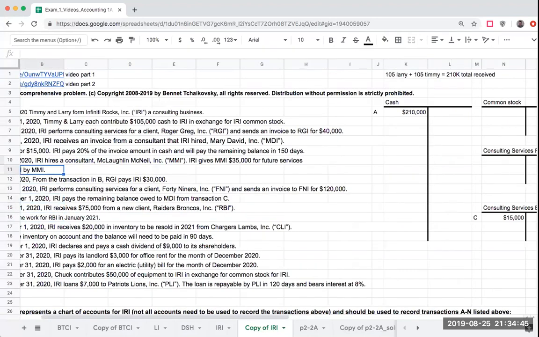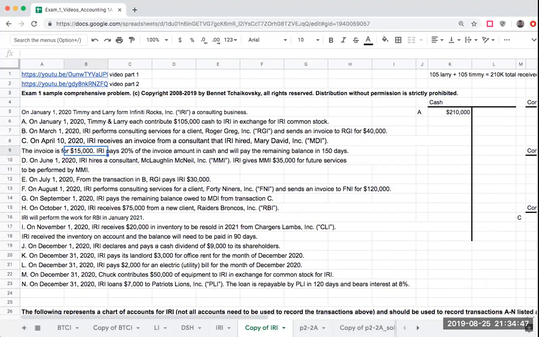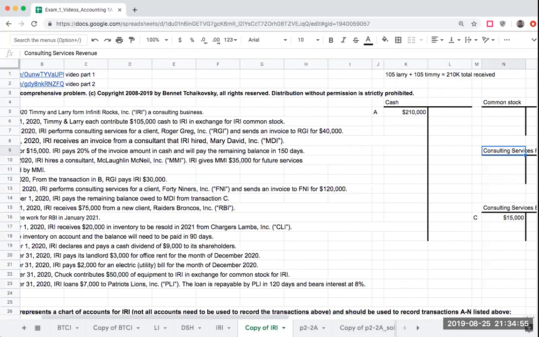So how am I paying for these services? What's happening to my cash? Is it going up or down? Down. Down by how much? $3,000. Well, 20% of the 15,000. So it's going to be a credit to cash of 15,000 times 20%, or $3,000.